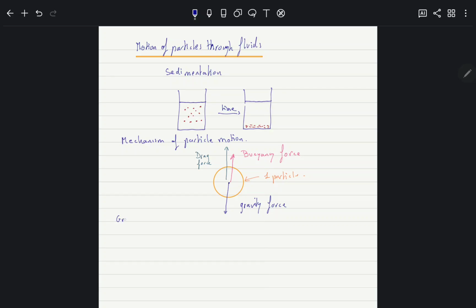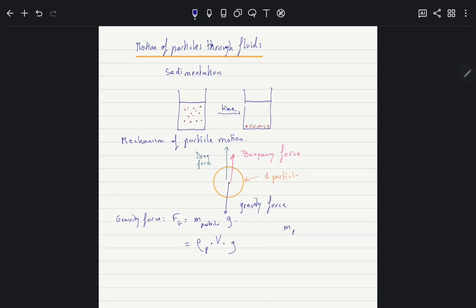Let's start with the gravity force, which we will call Fg. The force of gravity is just expressed as the mass of the particle times the acceleration of gravity. And the mass of the particle, we can also write as the mass density times the volume of the particle times g.